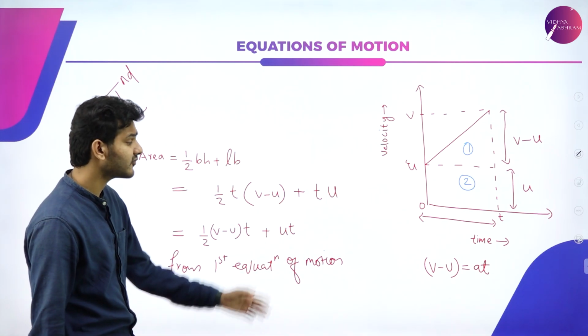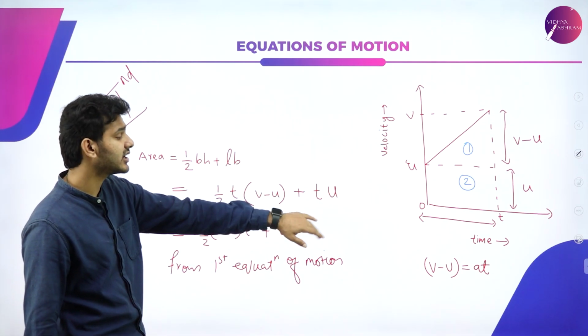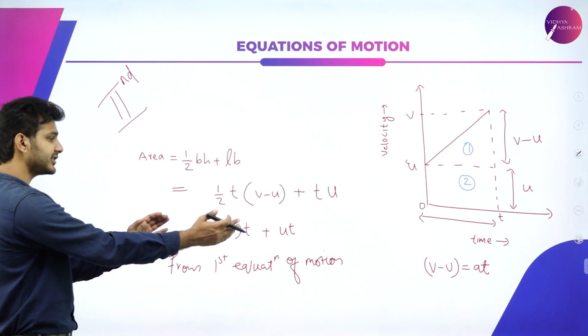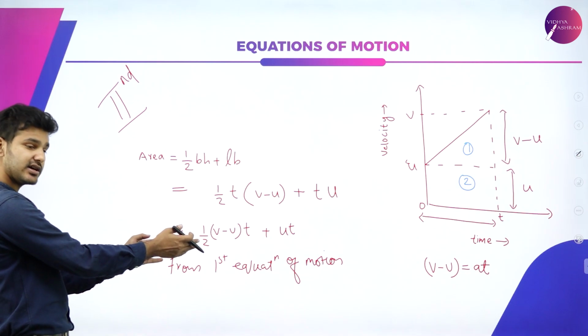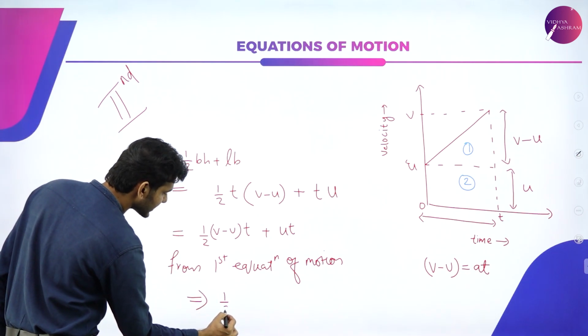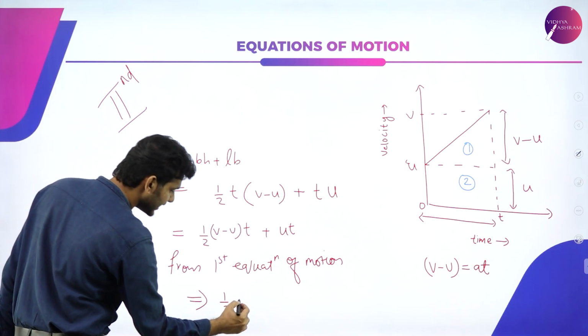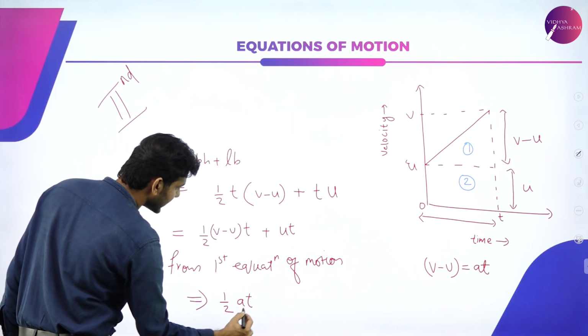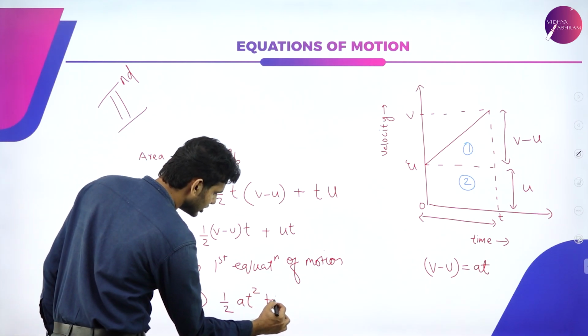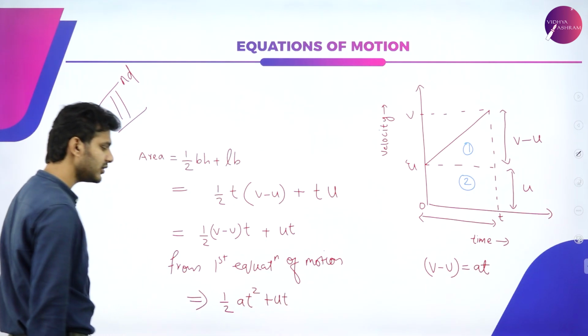Or you can start from v is equal to u plus at and rearrange it until you get v minus u is equal to at. And then we are going to substitute that particular result here, and then we will get, instead of v minus u we will write at. Half at into t, that is at square, plus ut will give you what?